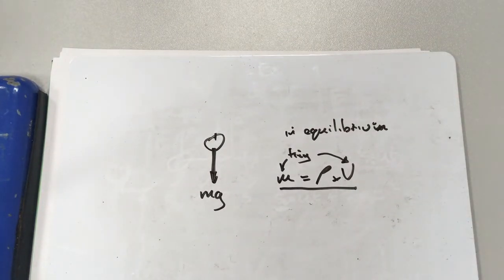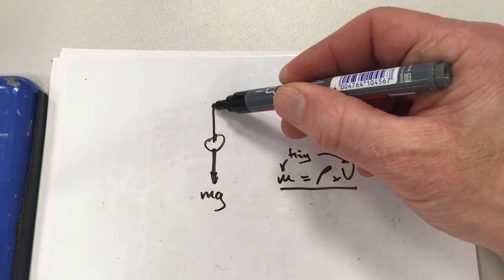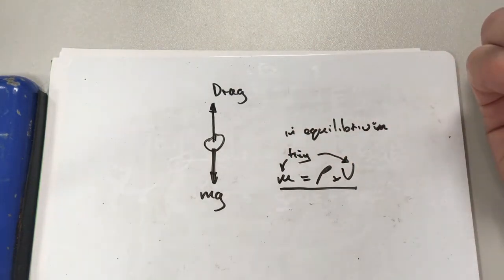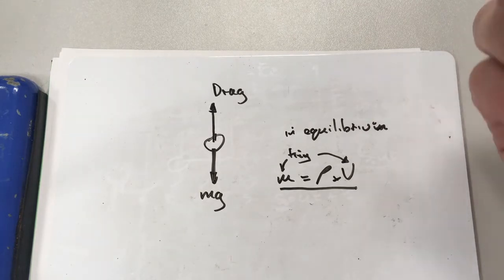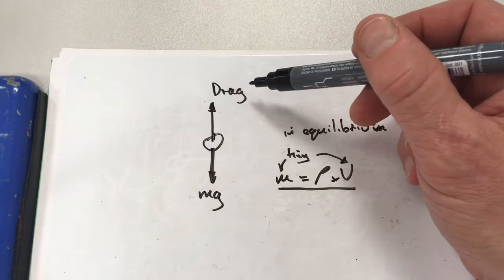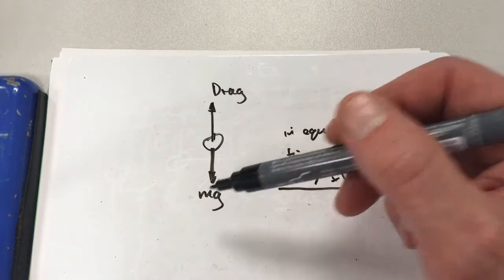But it's falling through air, and so drag builds up. Now, I should say there's a little bit more to the story, I'll add it at the end, but basically if we can measure the drag, if we know the factors of the drag, then we can find out the mass.